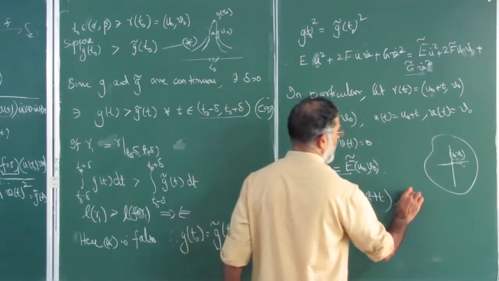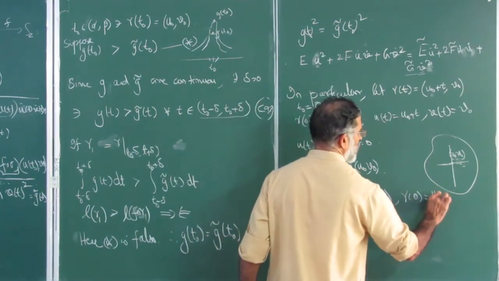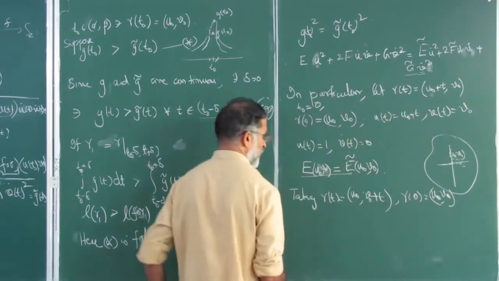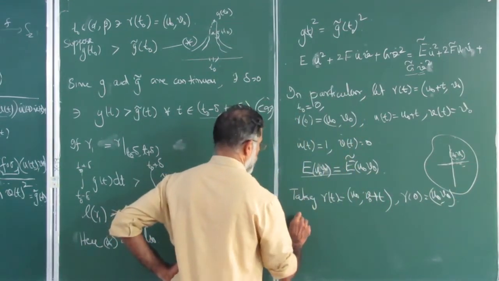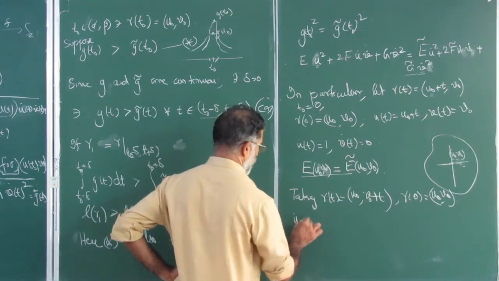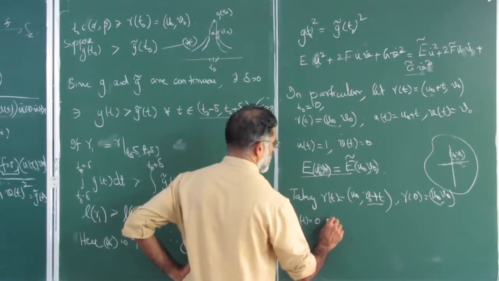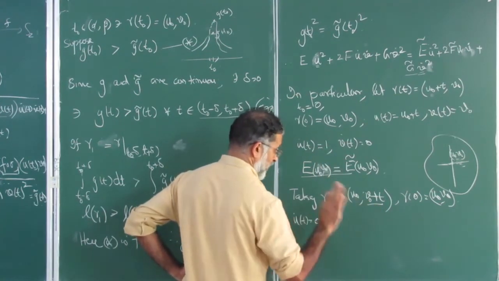So γ(0) is equal to (u0, v0), which is already a fixed point.